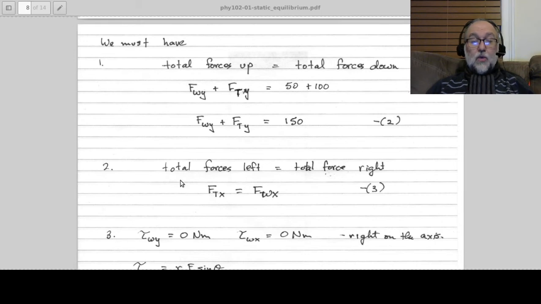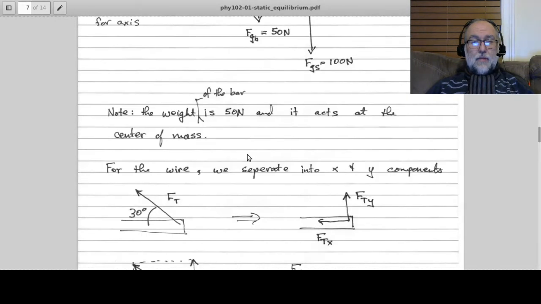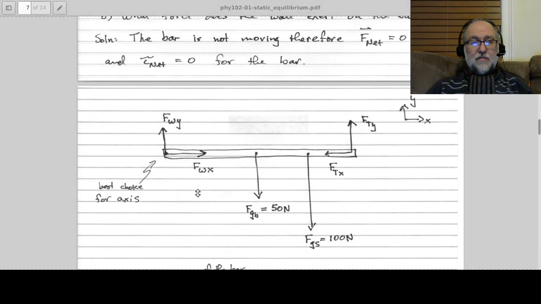Equation number 3, I obtained from balancing the forces to the left and the forces to the right. Let's take a look at the diagram. Are there any forces to the left and right? Aha, there is a force to the right and a force to the left, and those are the only 2 forces along the x direction. So Fwx must balance Ftx.